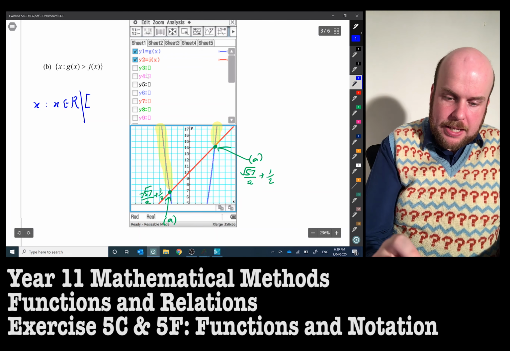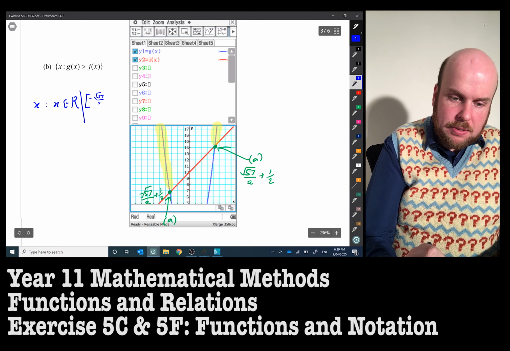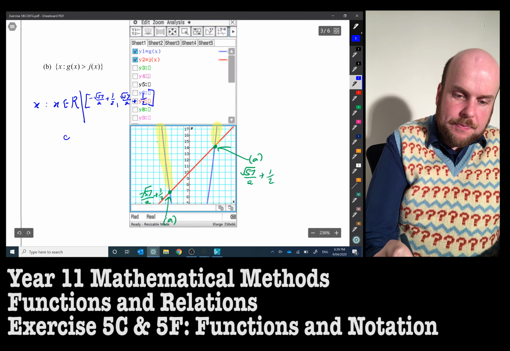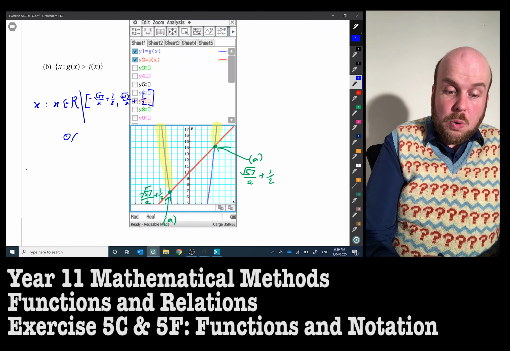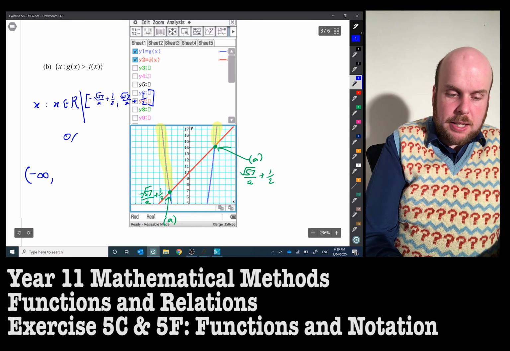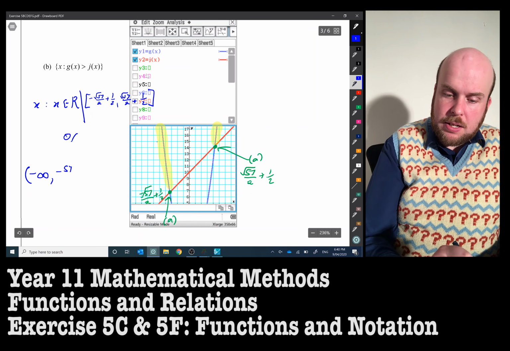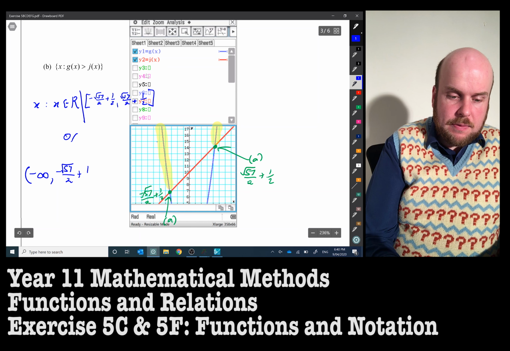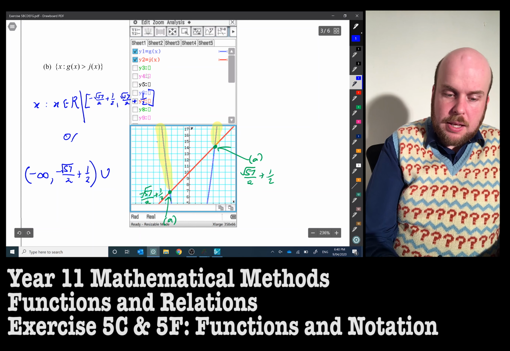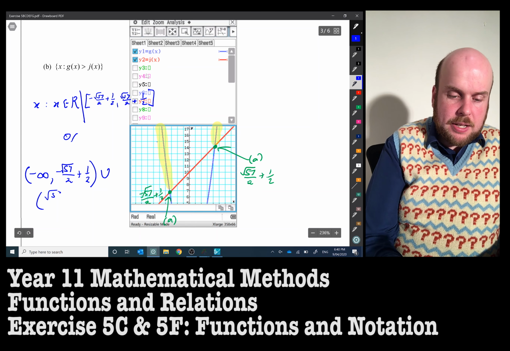So we want greater than, so it's going to be except the interval negative root 57 over 2 plus a half, root 57 over 2 plus a half, and that's a close bracket, because it's greater than. Or I could write it simply as negative infinity to negative root 57 over 2 plus a half, round brackets, union root 57 over 2 plus a half to positive infinity.